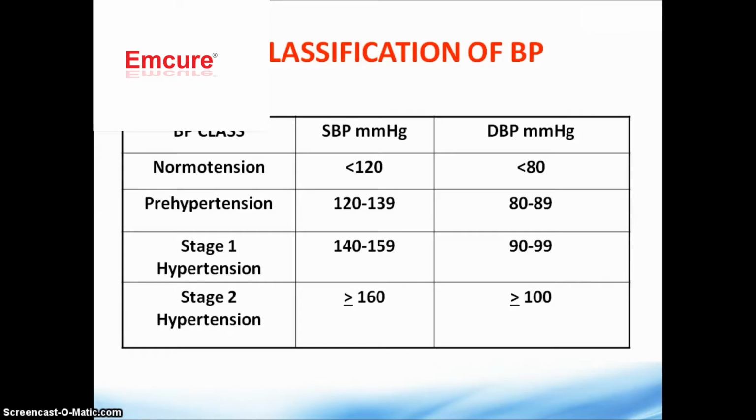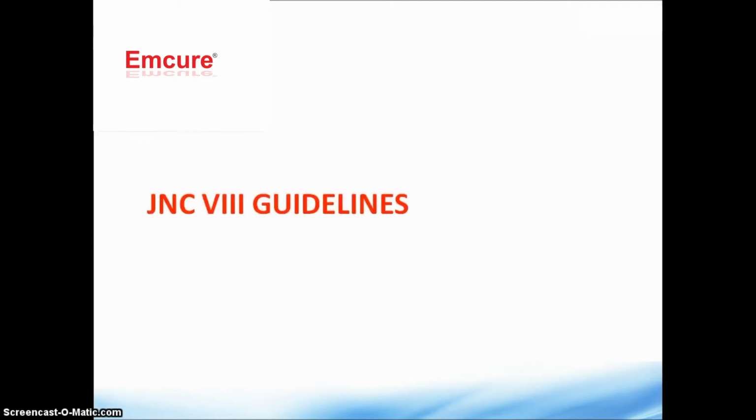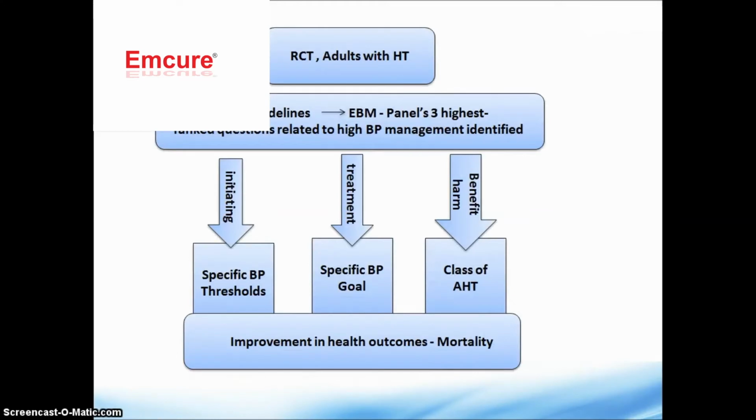We have one more guideline which has come out recently. It is called the JNC 8 guidelines, and we'll be talking about that also in detail. So what was the JNC 8 guideline highlighting?